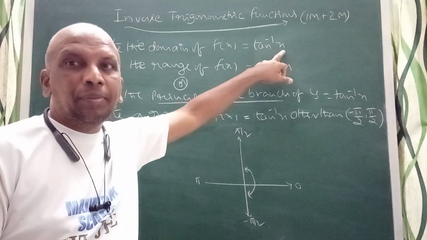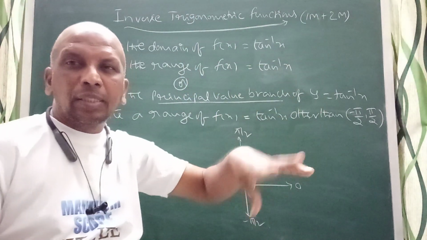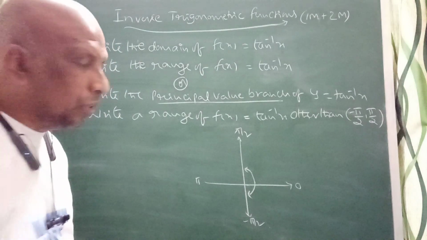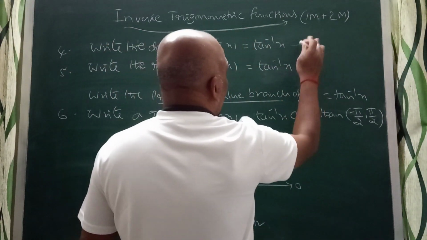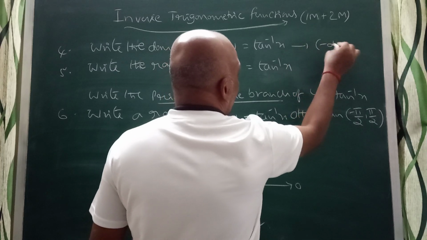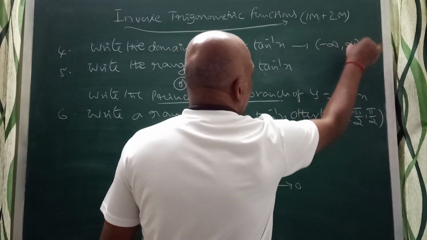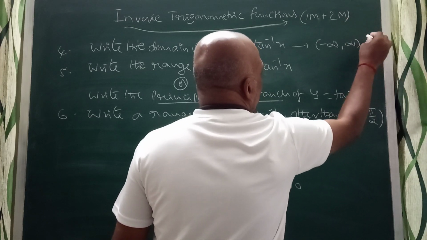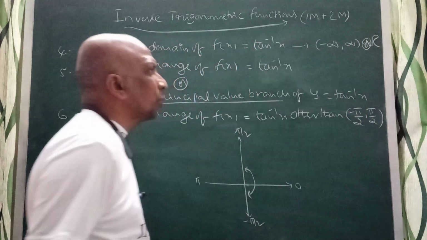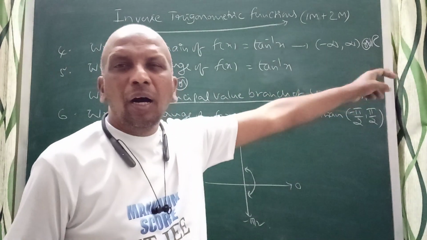What about x? x is a real number in the case of tan theta. So the domain of this one is the real numbers, minus infinity comma infinity, or you can write R.